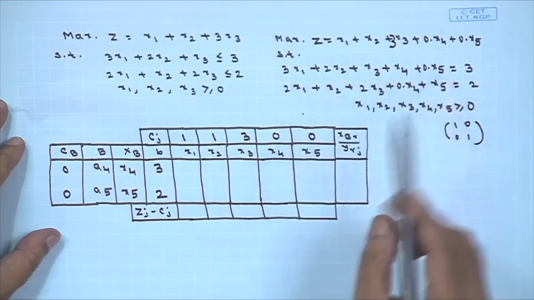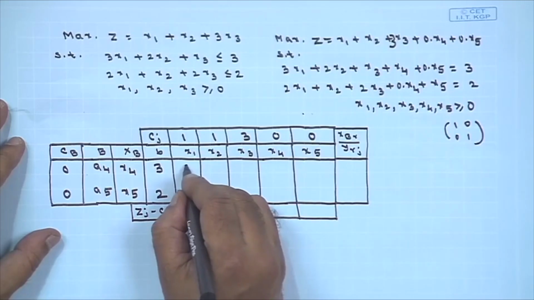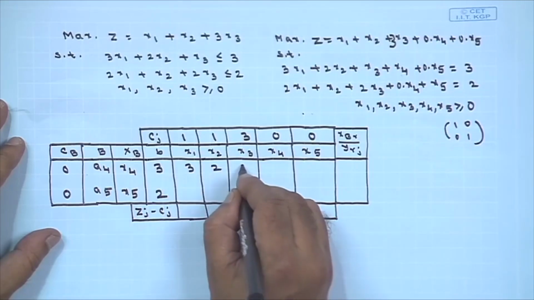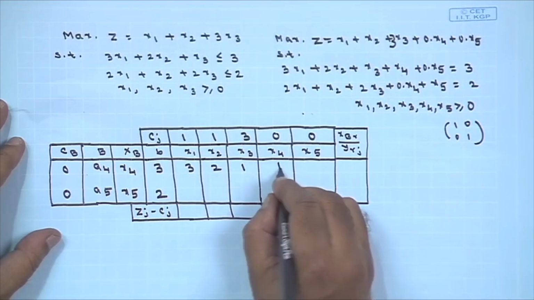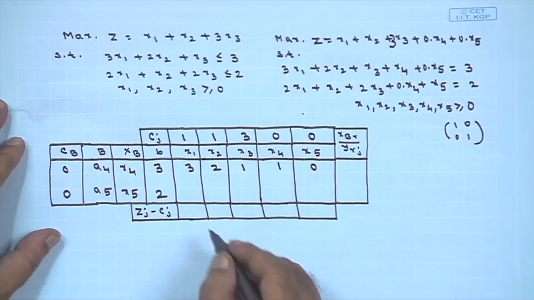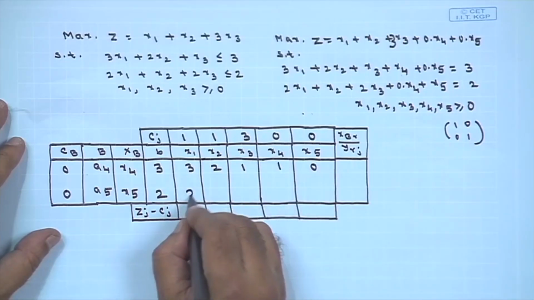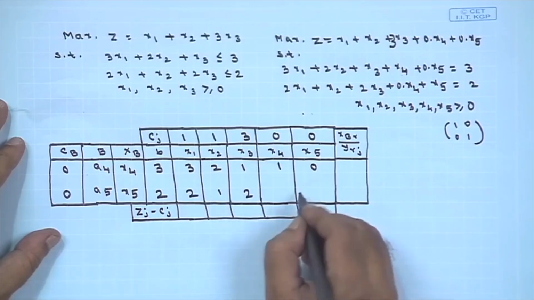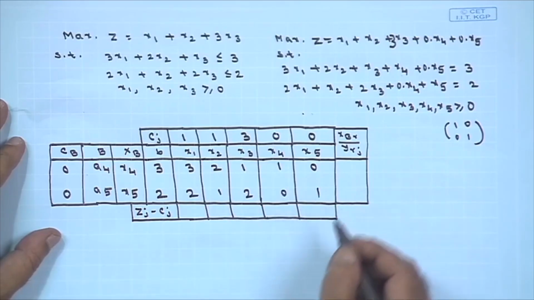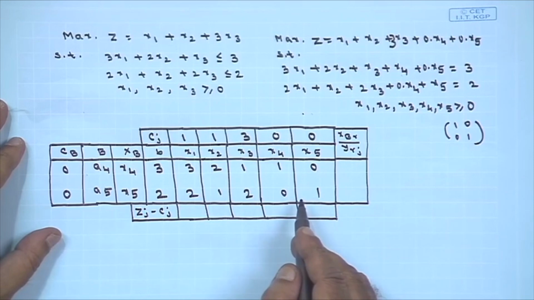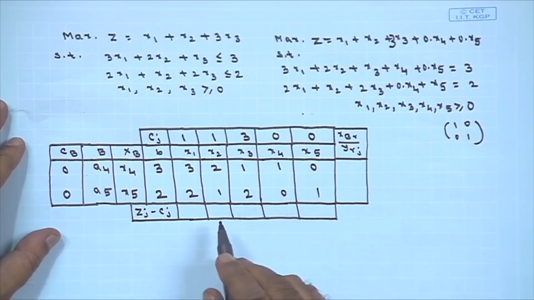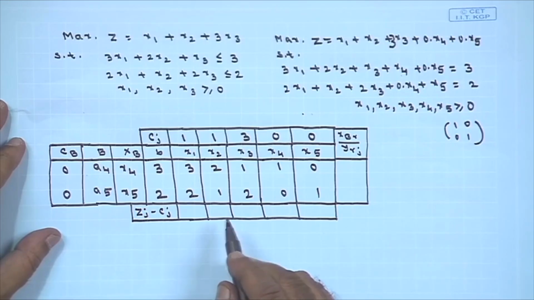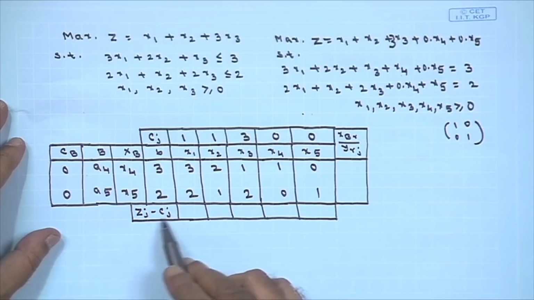Now, you just write down the coefficients corresponding to the variables: 3, 2, 1, 1 and 0, and the next row will be 2, 1, 2, 0, 1. Now you have to find out the entering variable and the departing variable. For that, first I have to calculate Zj minus Cj.